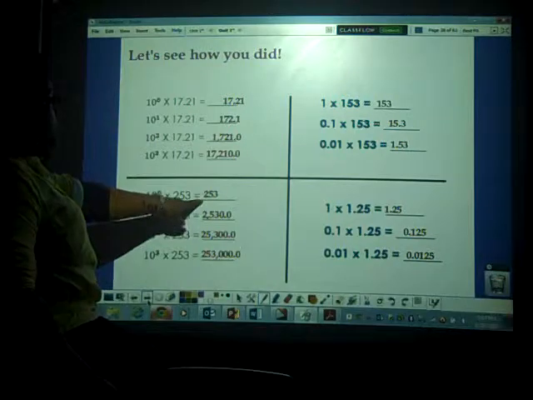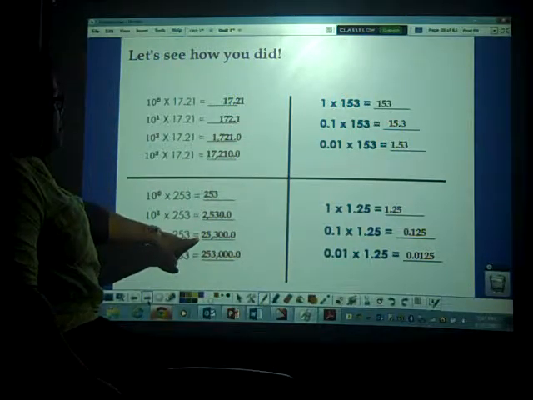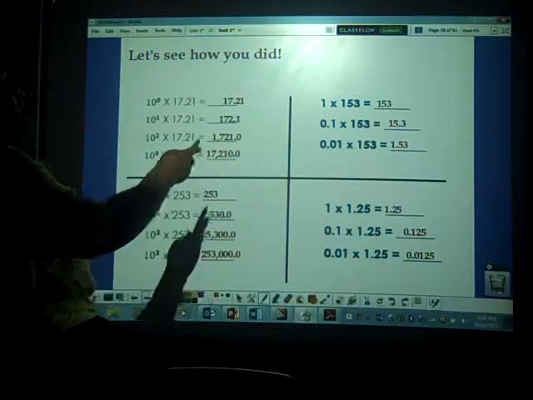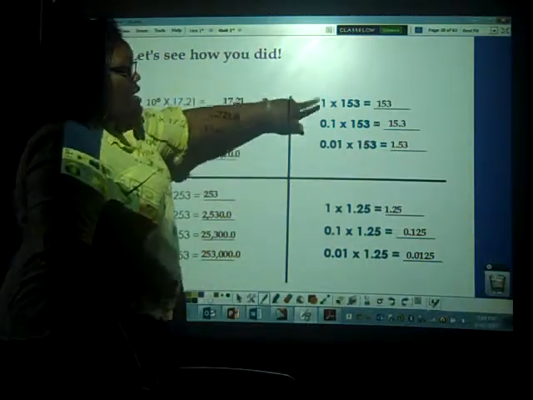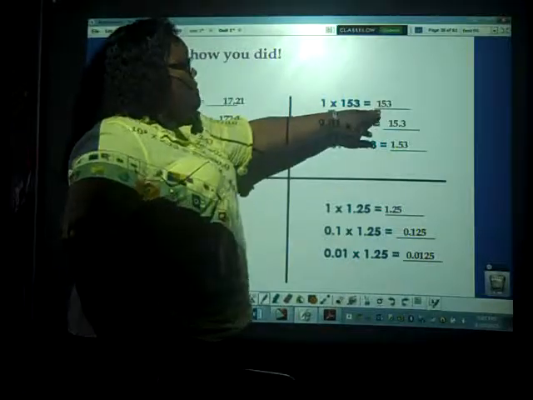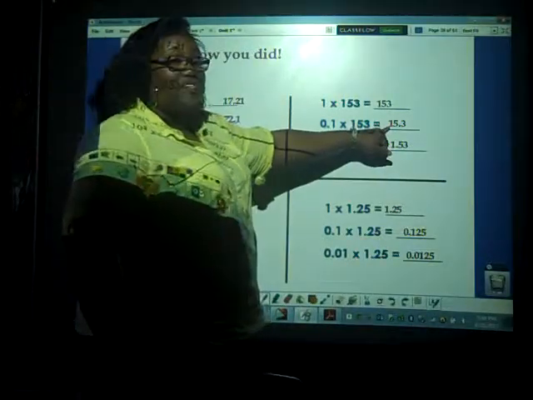It started at 253, then it went to 2,530, 25,300. Then it's at 253,000, and that's it. Over here, it's decreasing because I'm multiplying by a decimal. So I have 153, and then I multiplied by 1/10 and went to 15 and 3/10.